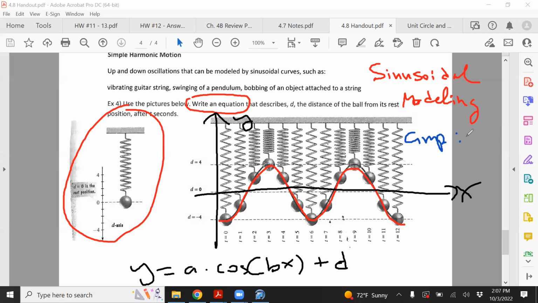The amplitude is 4. We're going to say -4 in the answer. How about the period? Amplitude is this, that's 4. The period is this.